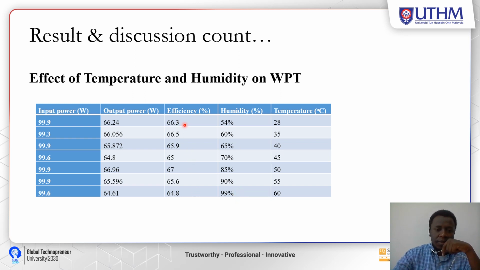There is no big change in the efficiency itself as the temperature and humidity increased. The input power was set at around 100 watts, and we get the output power at around 66 watts.